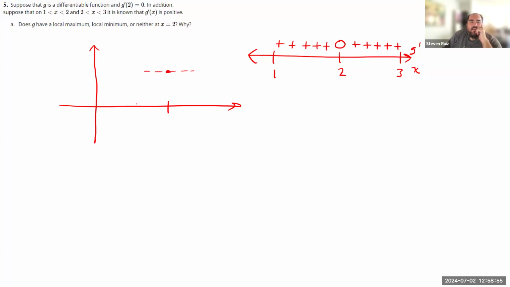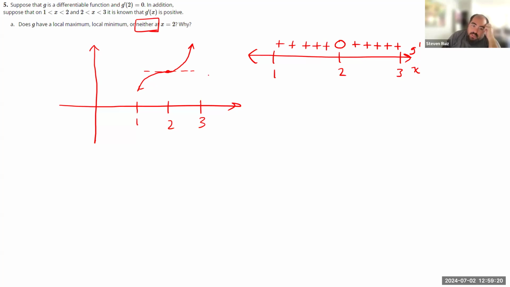But I also know that from 1 to 3, my function is increasing, then the derivative becomes 0, and then after this point, the function goes back to increasing. Because of that, I think I have neither a local min nor a local max at that point.